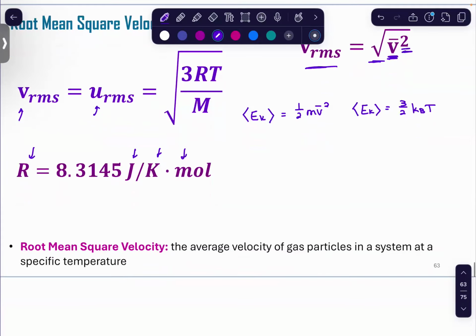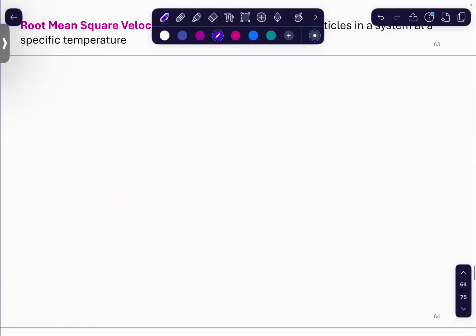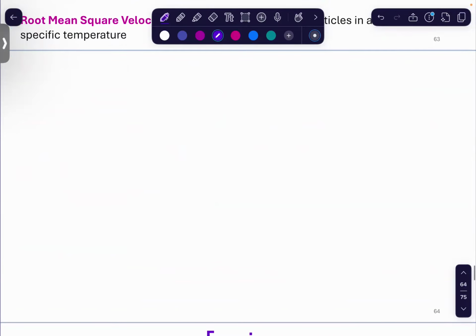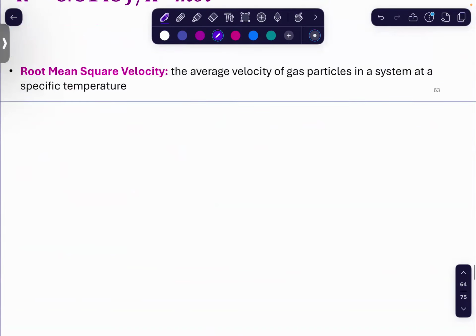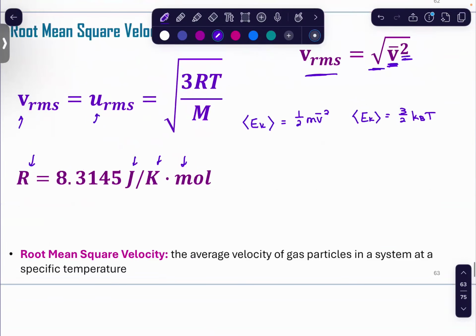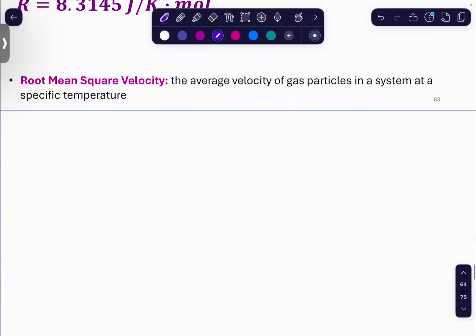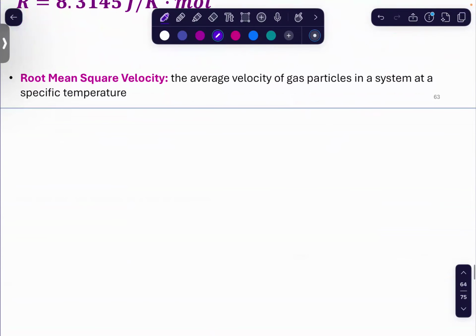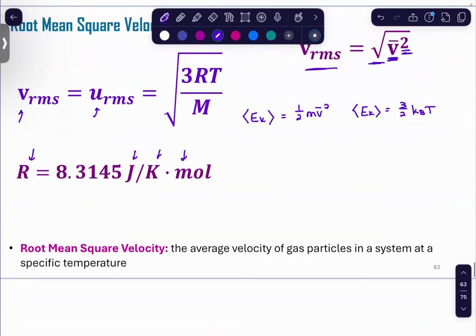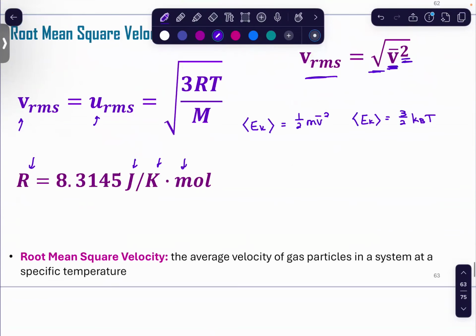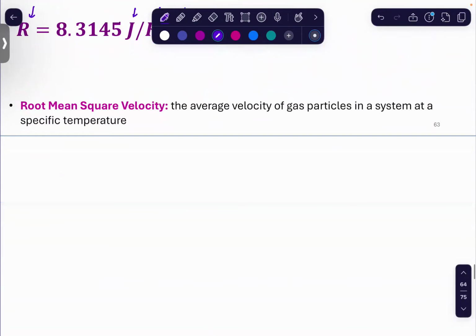Okay, well, they're both kinetic energy. And then we say, well, what would these be per mole? Okay, well, if we want them per mole, because this would be joules, this would be joules, we have to multiply by Avogadro's number.